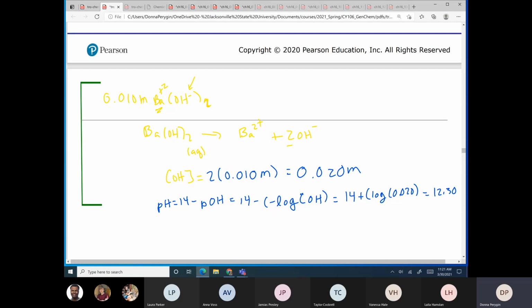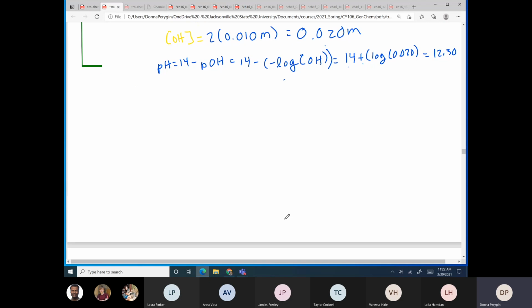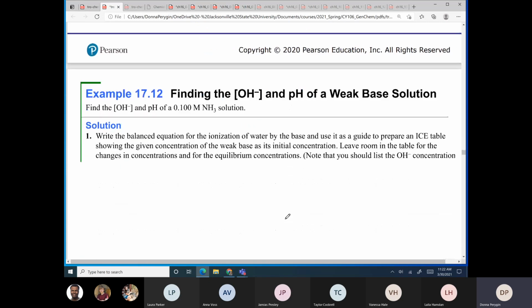Okay, so that's my pH. So all you have to do, if you have a calculator like mine, is put 0.020 in the calculator, hit the log button, and hit plus 14, and you've got your answer. So pretty simple to work that problem.